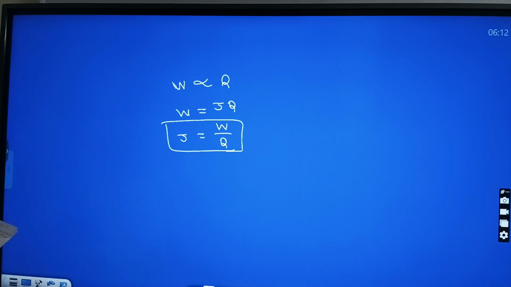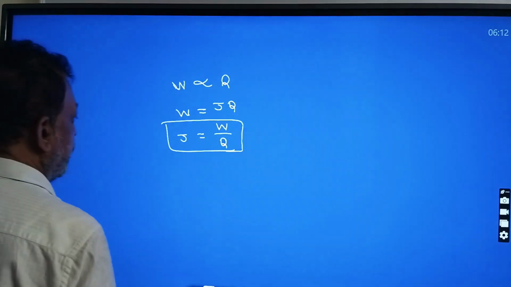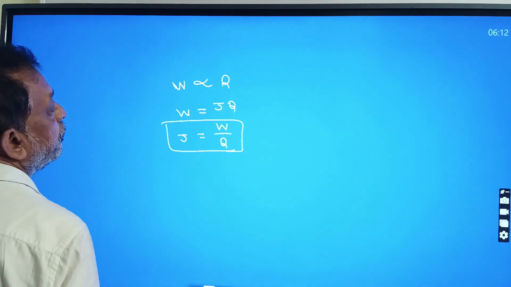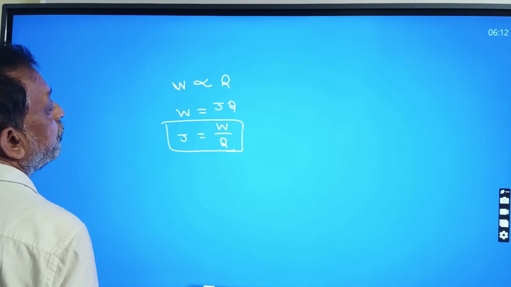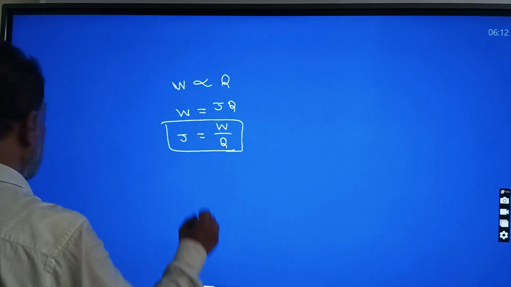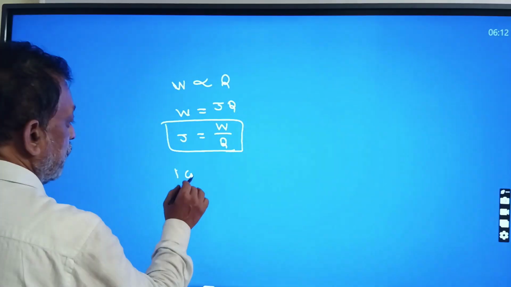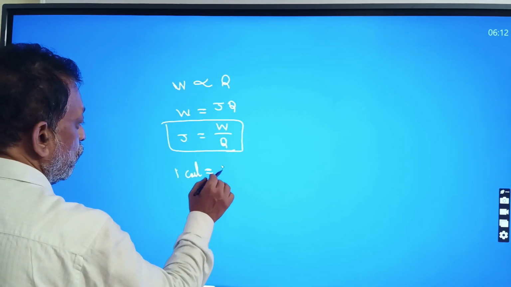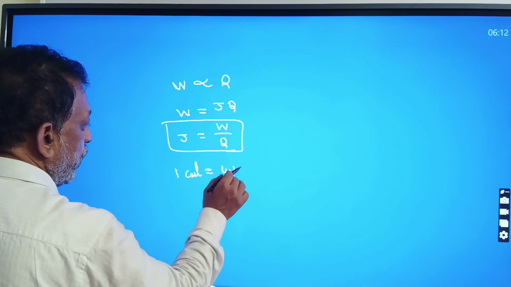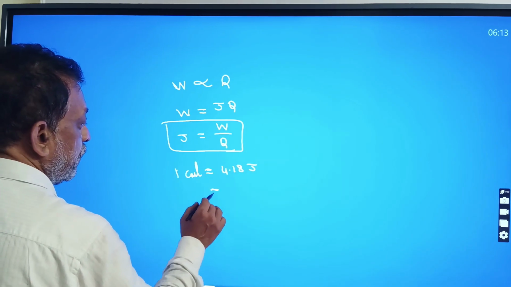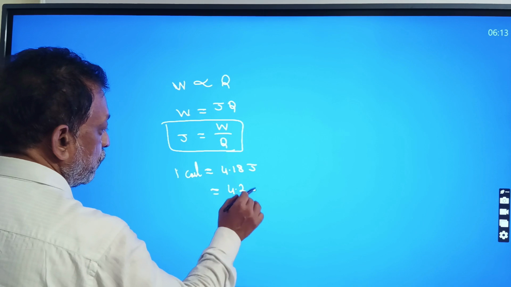The value is 1 calorie equals 4.18 joule, or approximately 4.2. All of you know this value.